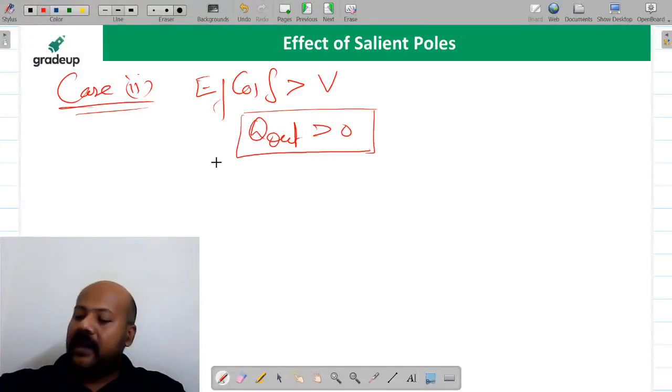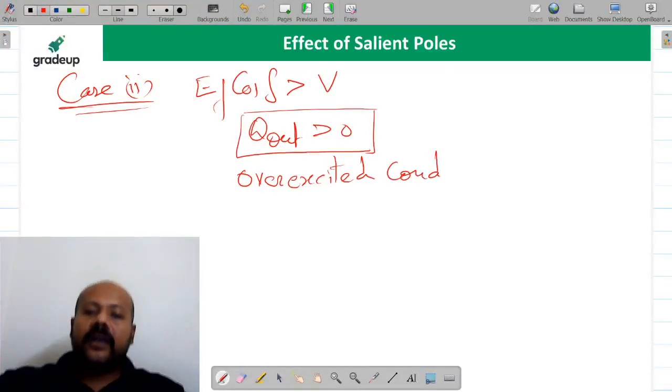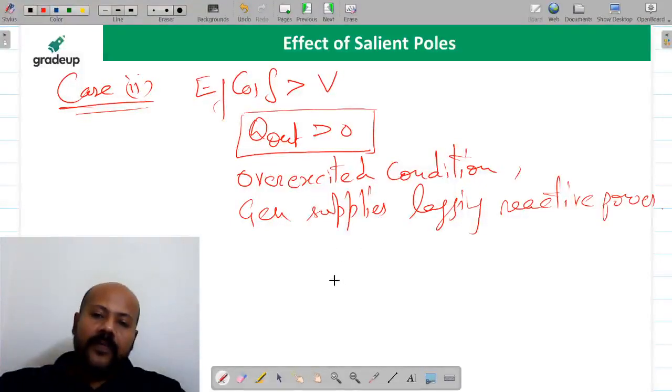So beta, in this case we are saying that your generator is in overexcited condition. This we call the overexcited condition, and your generator supplies lagging reactive power. I hope it is clear to all of you. The generator is going to supply the lagging reactive power.